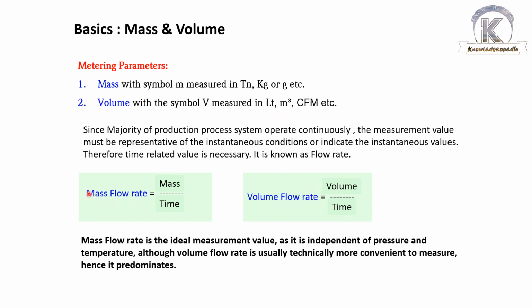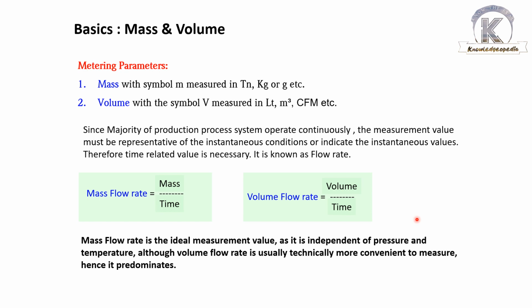So mass flow rate is mass by time, that means kg per hour or kg per minute or ton per hour, ton per minute, whatever it could be. And volume flow rate is volume per time, that means it could be meter cube per hour or liter per minute. As you know, since the majority of production process systems operate continuously, continuous measurement is required because the measurement value must be representative of the instantaneous condition.